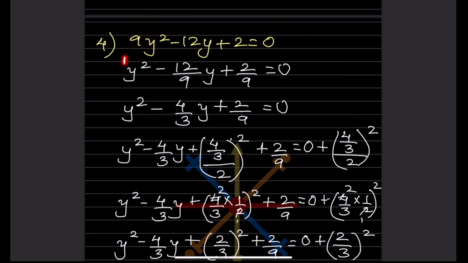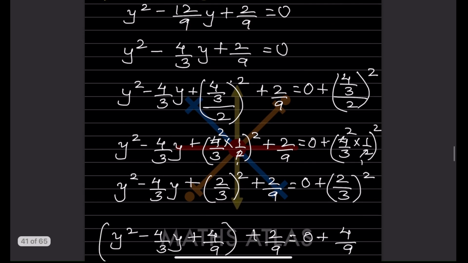You have to make it 1 in the completing the square method. So when you divide by 9, you get just y square, and the other terms are divided by 9 as well. Now this is in the general form. Now look here again, you can make this smaller.